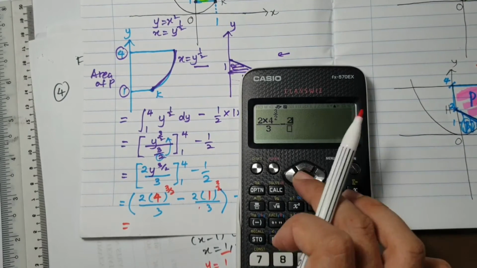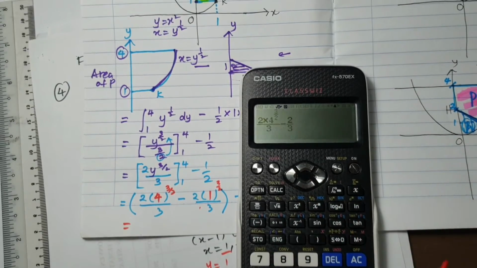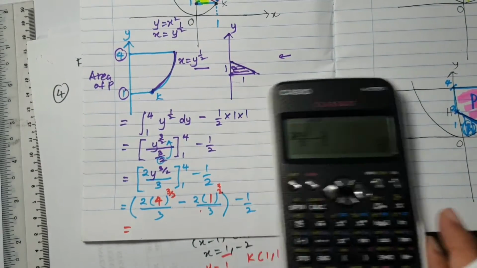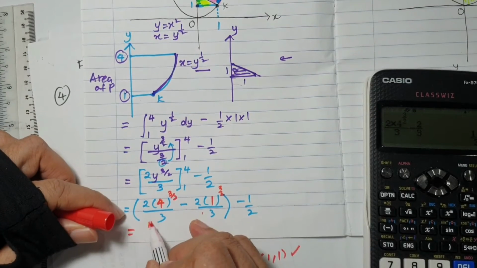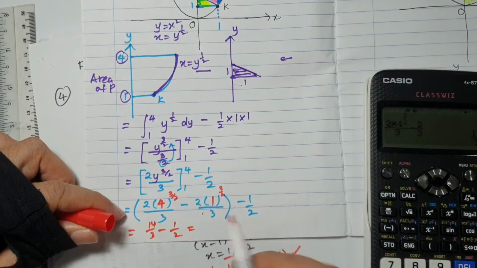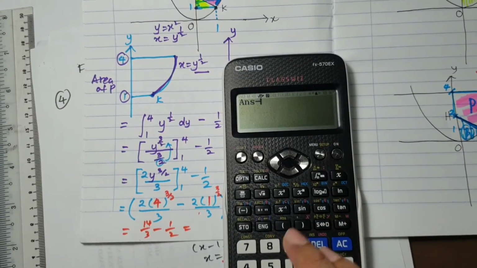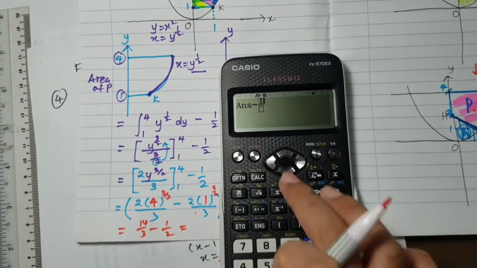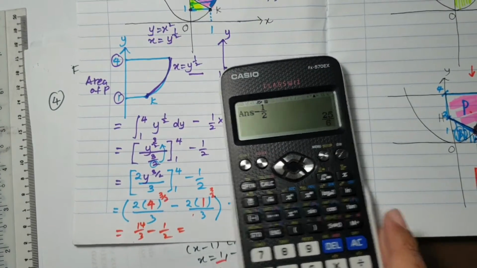Okay, so key in 2 over 3 equal sign. So you have 14 over 3 minus half. 14 over 3 minus half. 25 over 6.